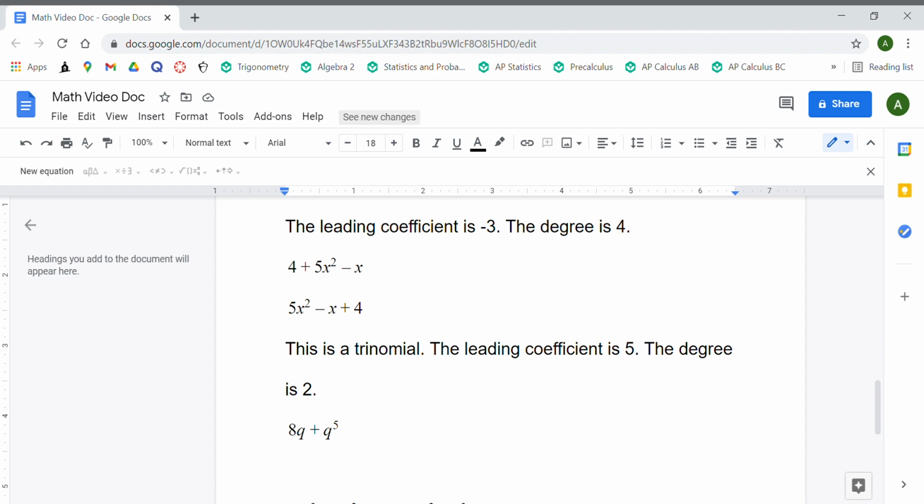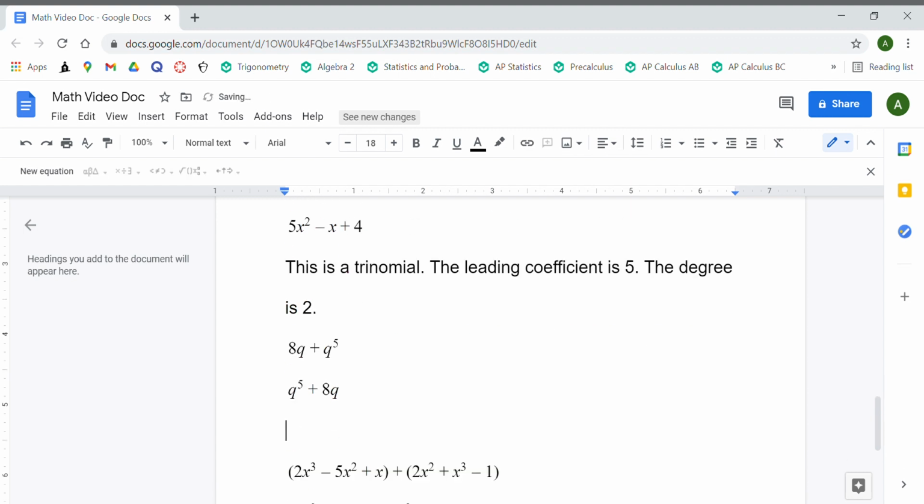Okay, so let's see what you get. This is not in standard form, so we need to reorganize the terms from highest exponent to lowest exponent. This one's pretty easy because it's only got 2 terms. So it's going to be q to the 5th, because that's your highest exponent, and then 8q goes second. This has 2 terms, so we are looking at a binomial.